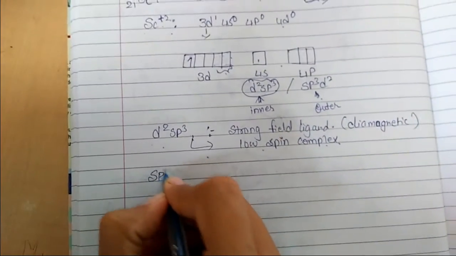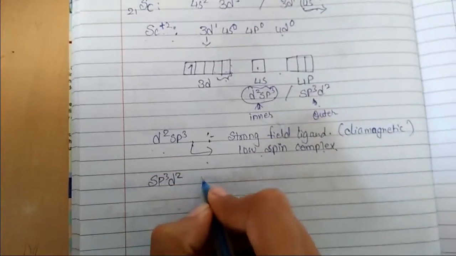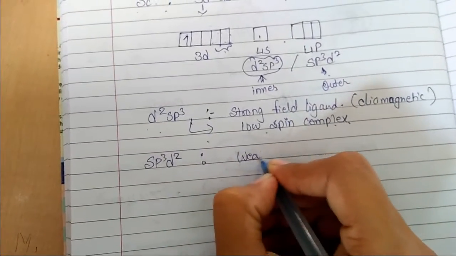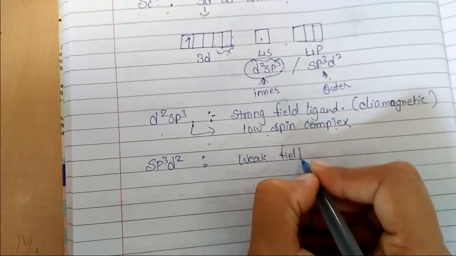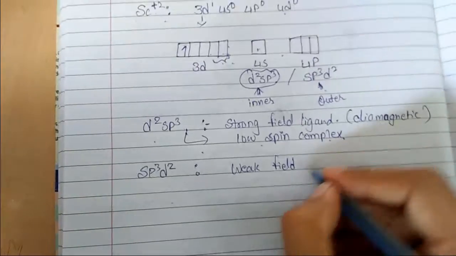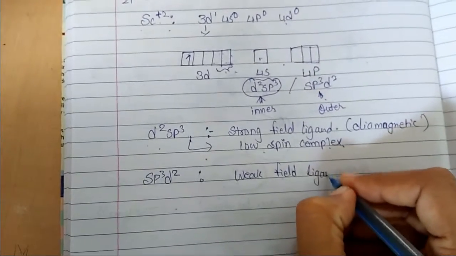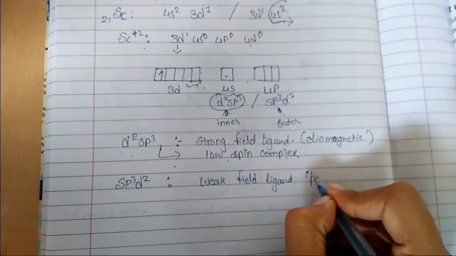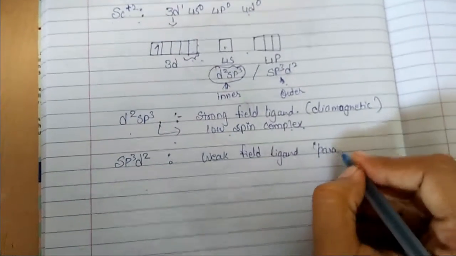And if you are getting sp3d2, sp3d2 will take place with weak field ligands, because weak field ligands will not pair up the electrons and they will occupy the outer space. So weak field ligands, generally, are paramagnetic, right, because there is no pairing.